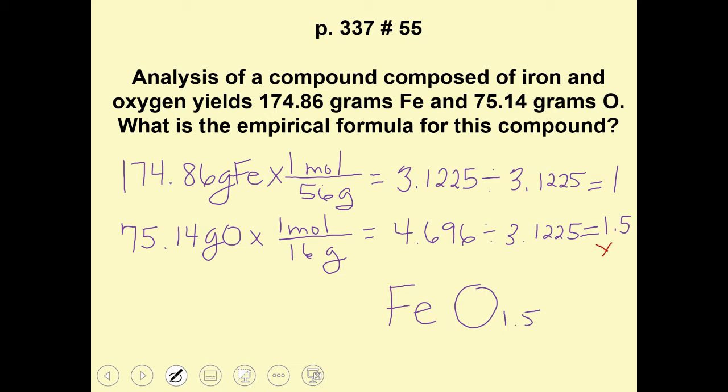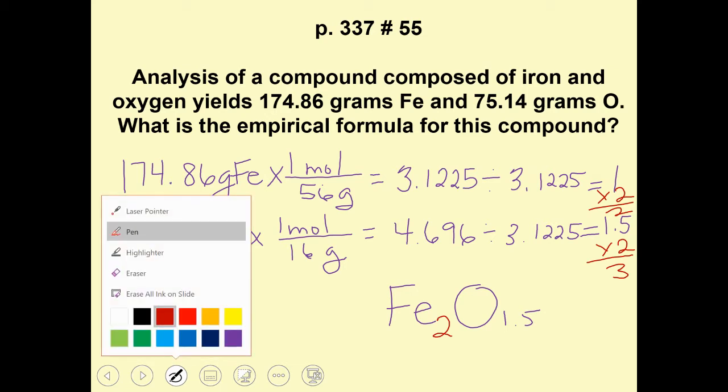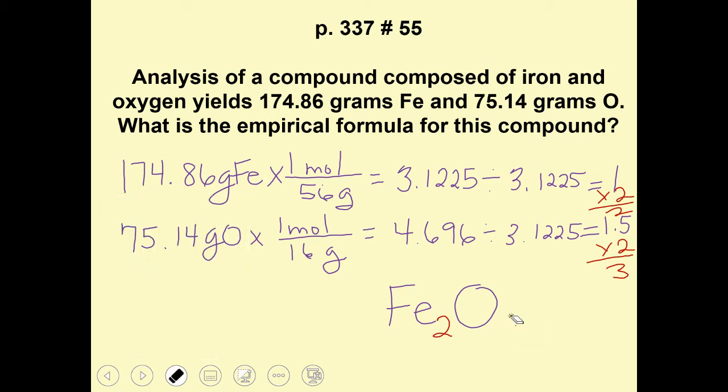So if I double this one to make it a whole number, I got to double this one as well. So it's really 2, and then over here, instead of 1.5, it's 3. And that's my final answer here, Fe2O3.